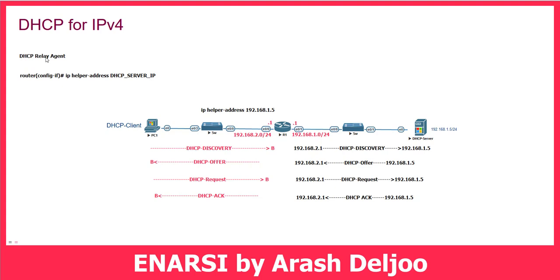Don't forget that when you are configuring IP helper address, besides DHCP, a few other broadcast types in addition to DHCP messages are forwarded to the IP that you are configuring. Let me talk about these few broadcast messages.